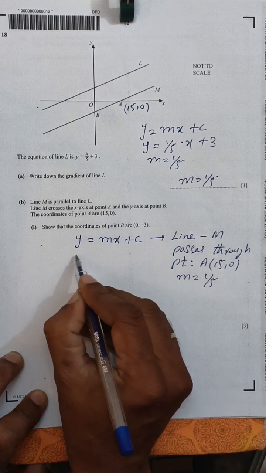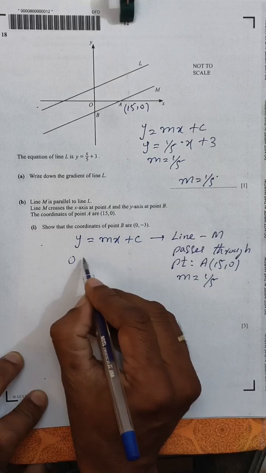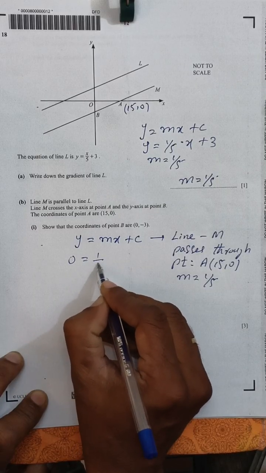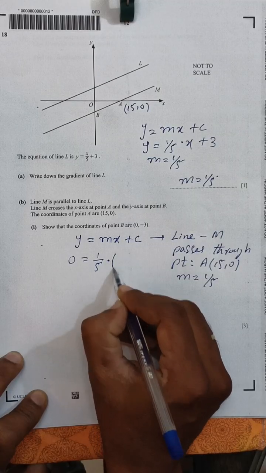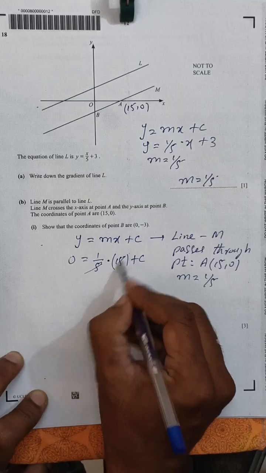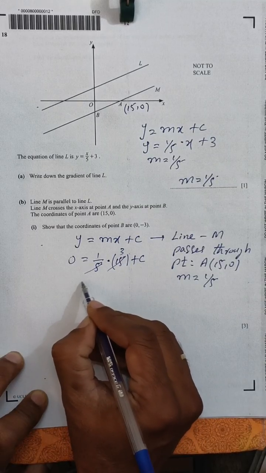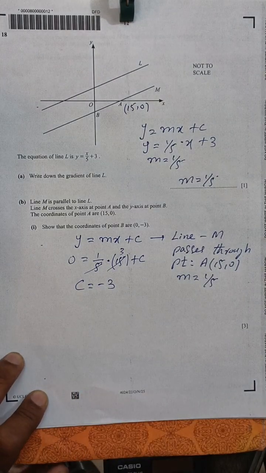Now put here y is 0, equal to m which is 1 over 5, x is 15, and c. Five ones are 5, five threes are 15. So the answer of c is minus 3. Clear?